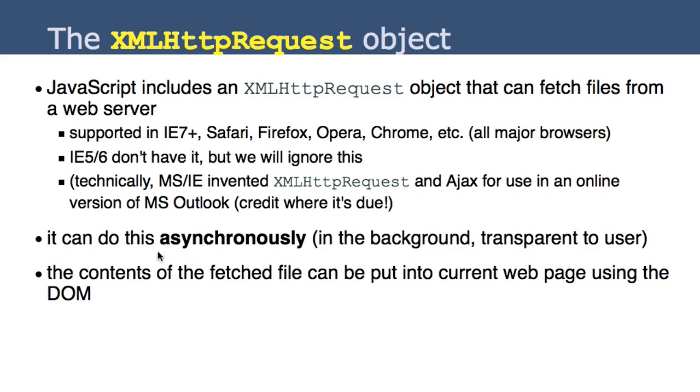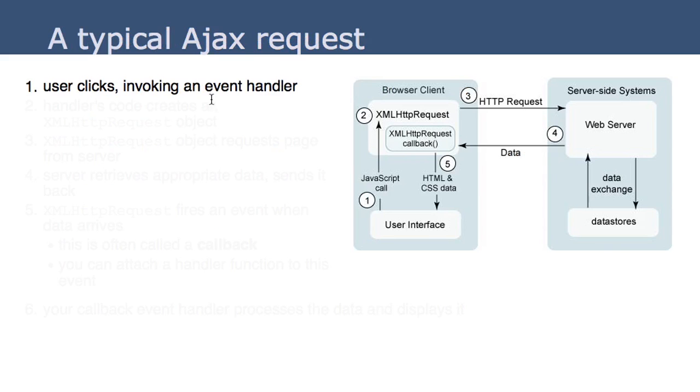Okay, so a typical AJAX request involves an event handler being triggered. So like I click on something, I click the send button in Gmail. That's an event. In our submit event handler, we create a new XML HTTP request object. I'll just shorten this to XHR from now on.